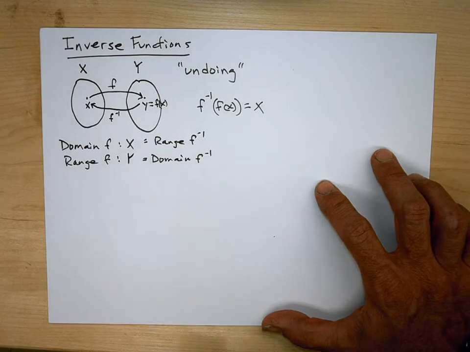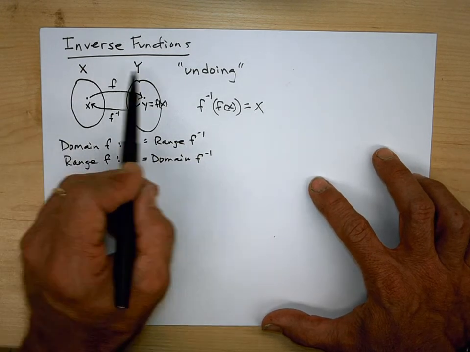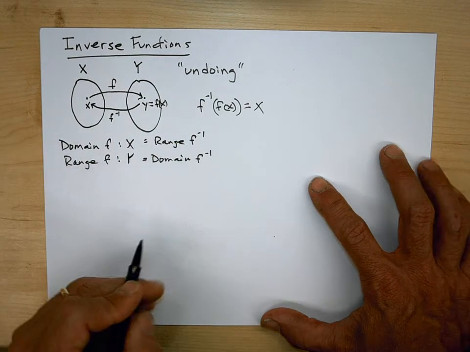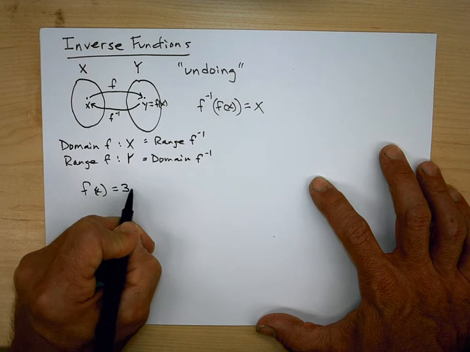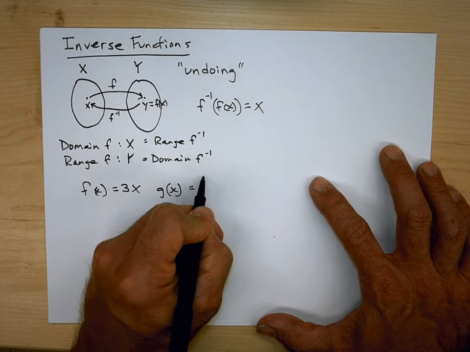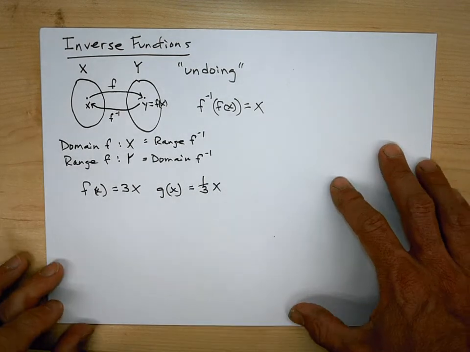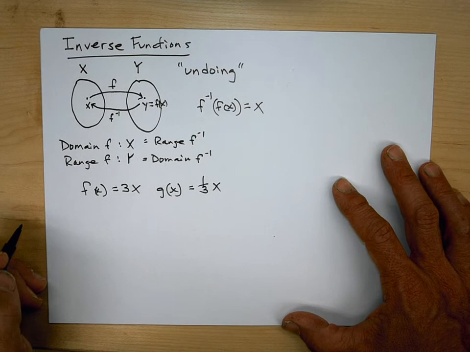So let me give you a specific example. The set notation or representation is one way to think of it, but we want to think of things like a function 3x and another function 1/3 x, getting into linear functions or quadratics, that sort of thing. What do we mean when two functions are inverses?